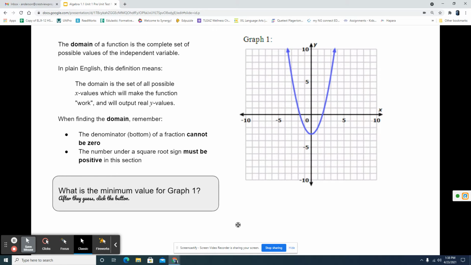What is the minimum value for this graph? Well, we're still looking at domains of functions. However, we want to know what is the minimum value in terms of our y-axis. So basically, it's a U shape. What is the very lowest point on this particular function?